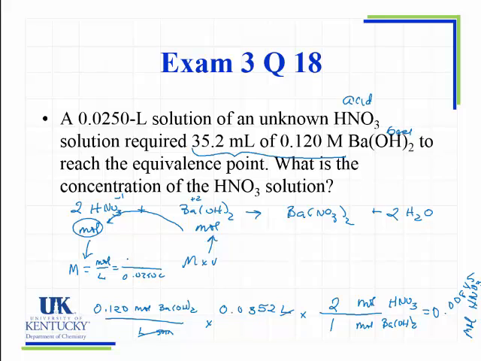So now I can put that up here. 0.00845 moles divided by the volume is going to give me 0.338, and that would be concentration, molarity, or moles per liter. So you write the reaction and then you do the stoichiometry.